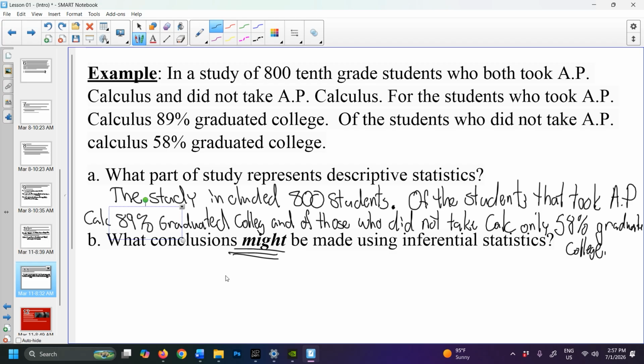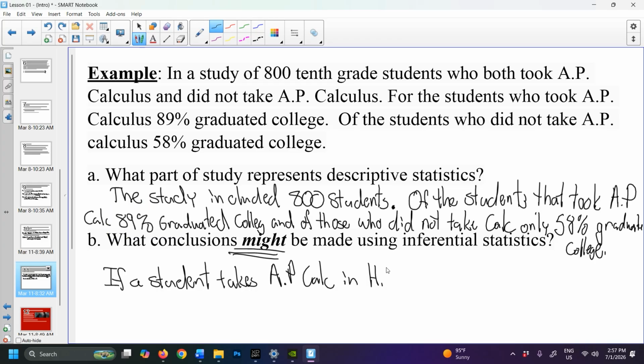But you might say that if a student takes AP Calc in high school, they are more likely to graduate college.